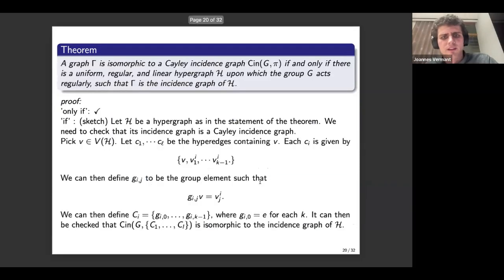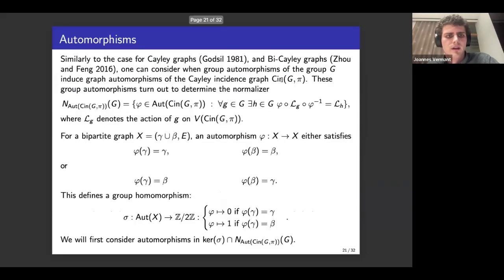Here I have a sketch of a proof, but I will skip it so that I can talk about automorphisms.